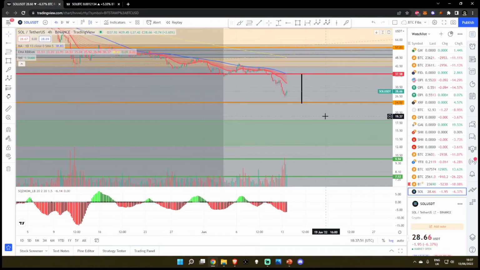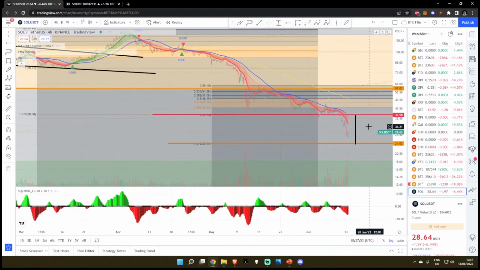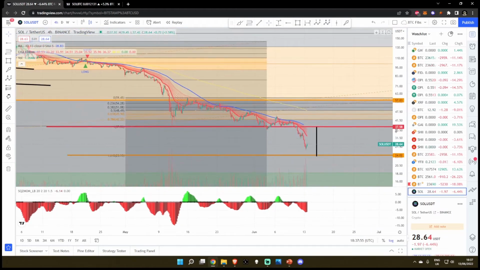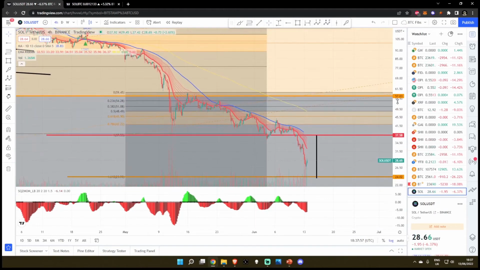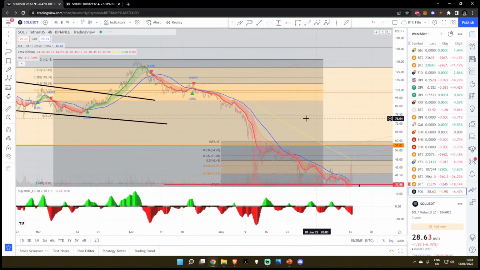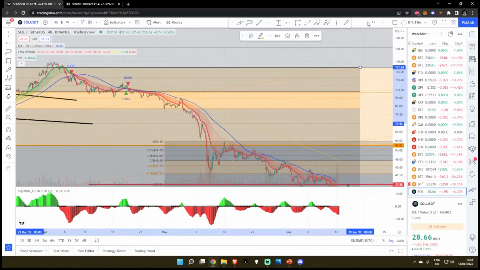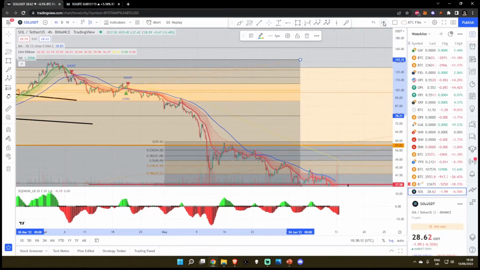Now, let's head over into the 4-hourly time frame. What you'll notice is on the 4-hourly EMA ribbons, you're getting absolutely battered. You're getting slaughtered. So if we zoom out, you can see, if you want to go back on something, there's two things you can do. So this is a perfect example. You can click the undo tool on the top left up here, or let's move it again.